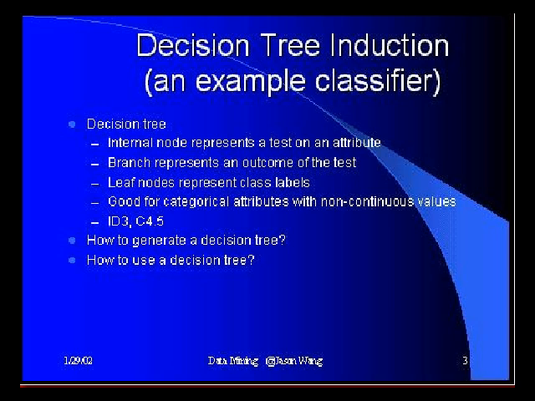And then at each level of this decision tree, you try to test on a particular attribute that you choose, and based on that attribute, you have different outcomes. So branches represent an outcome of the test. And the leaf nodes of the decision tree represent class labels. Whether that leaf node should belong to class 1 or class 2 or class 3 and so on.